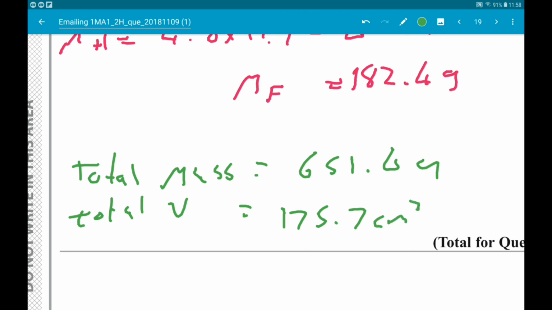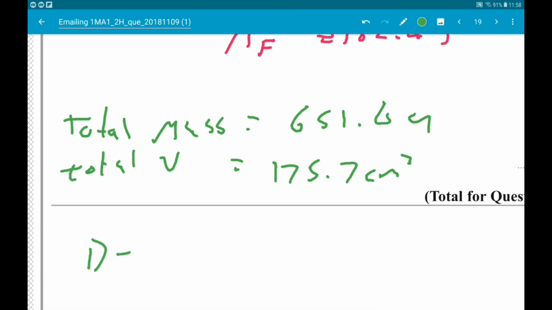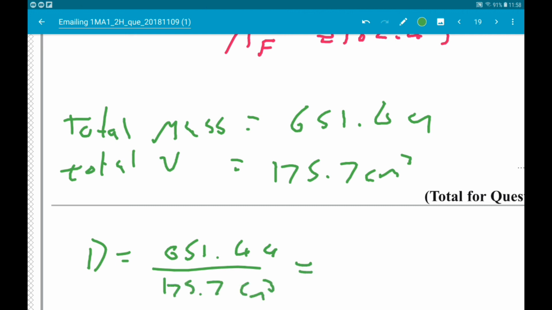So then the density is 651.4 grams divided by 175.7 centimeters cubed, which, if we go to two decimal places, we get 3.71 grams per centimeter cubed.